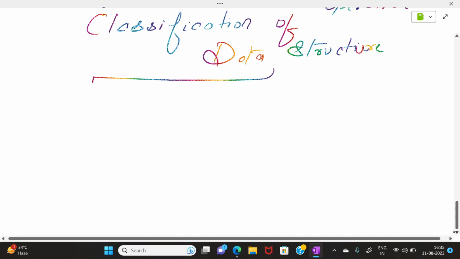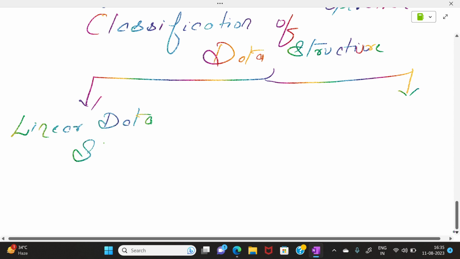Since we are going to read about data structures in this module, we need to know what kinds of data structure are there. So one is the linear data structure and the other is the non-linear data structure.